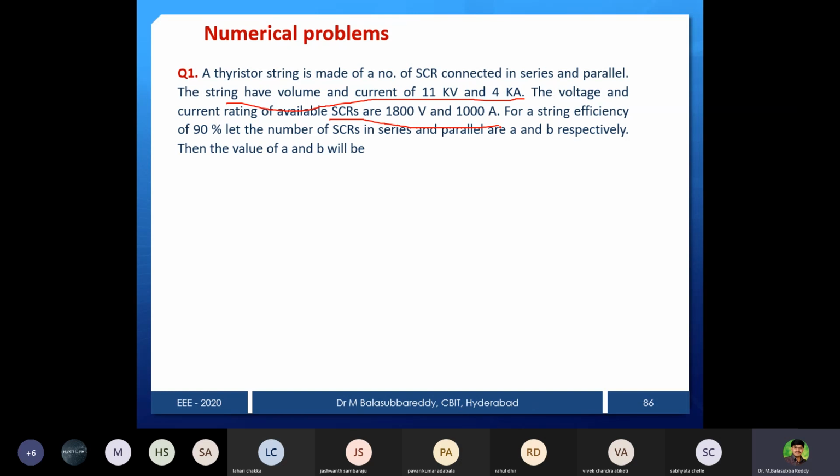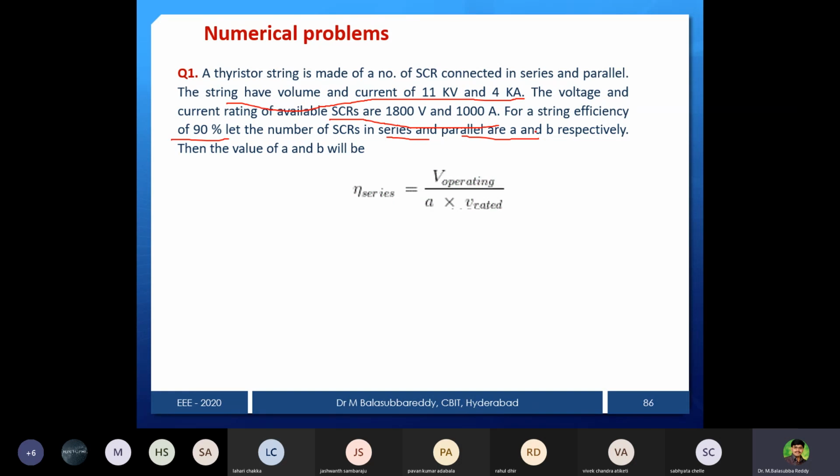How many need to be connected in parallel to meet the 4 kiloamperes demand? The string efficiency is 90%, which is also given. The number of SCRs in series and parallel we need to find, so the values of A and B. Let A be series and B parallel respectively, or otherwise you can use NS and NP, the number of SCRs connected in series and in parallel.